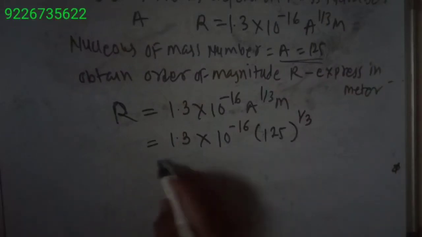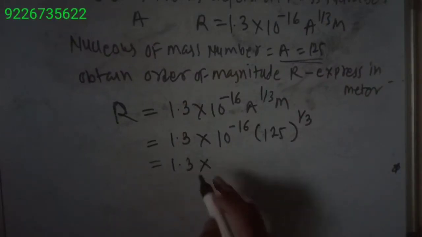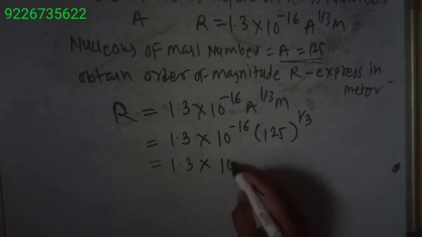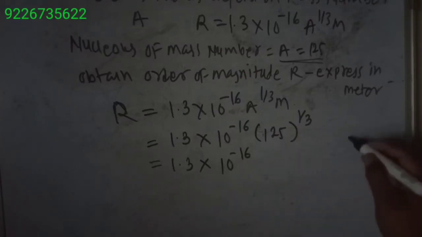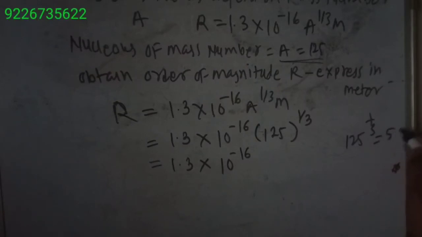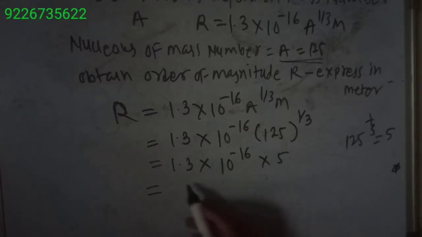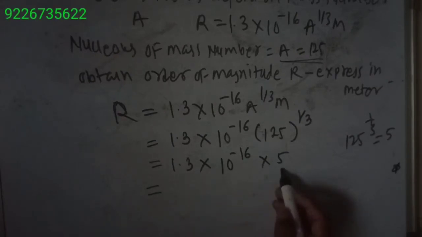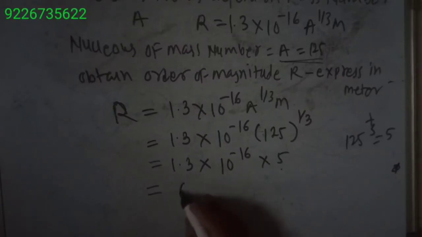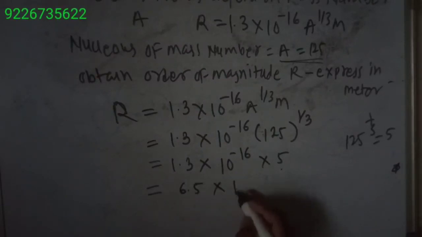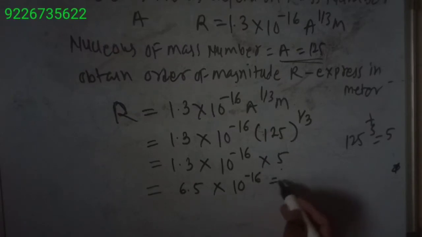By solving it, 125 raised to 1/3 is equal to 5. So multiplied by 5, 1.3 into 5 is 6.5, and 10 raised to minus 16.